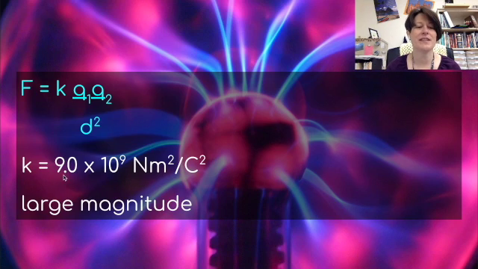Now, here is a big difference. The electrical proportionality constant is 9.0 times 10 to the ninth. And this is a very large magnitude. This is 9 billion, okay? So let's say we had two charges, each with 1 coulomb of charge, and they were 1 meter apart, that would mean that the force would be 9 billion newtons.